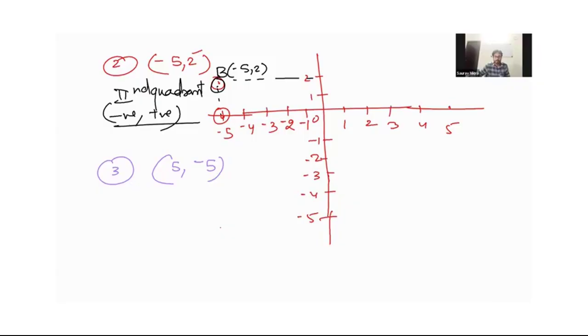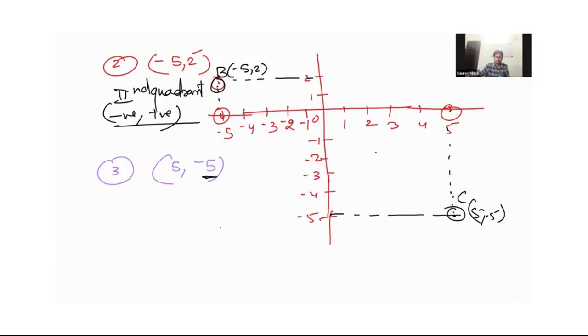So 5 comma minus 5 means on the x-axis it is 5, and since the y value is negative, we go downward till here. This will be your 5 comma minus 5. So this is your point C, which confirms the point C with 5 comma minus 5.